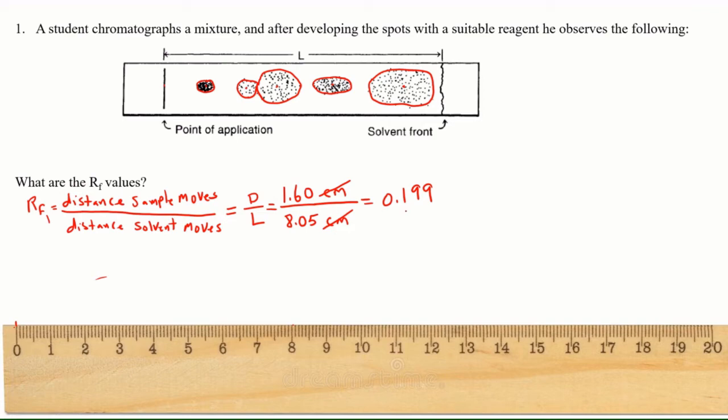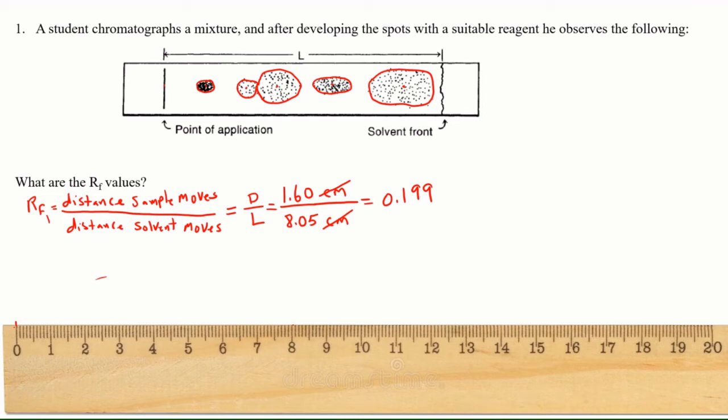So it becomes a unitless number. And this is just a fraction of how far this first spot moved from the point of application, in regards to the solvent.